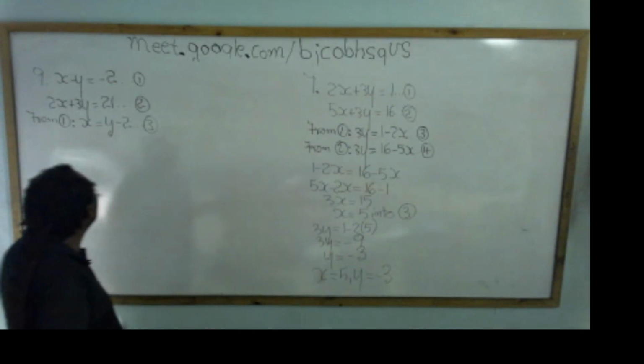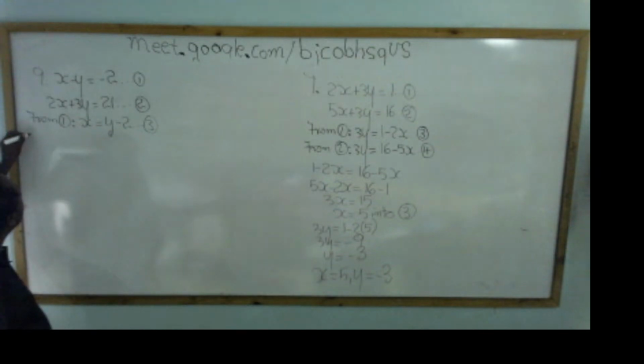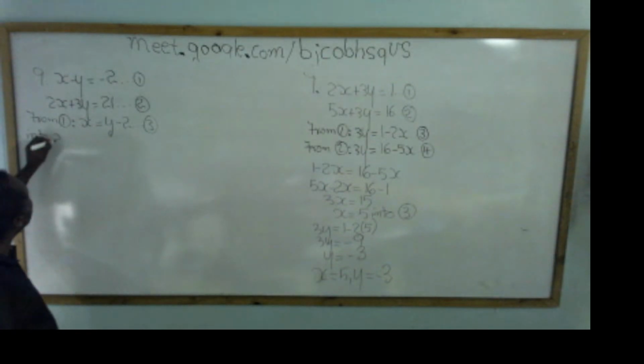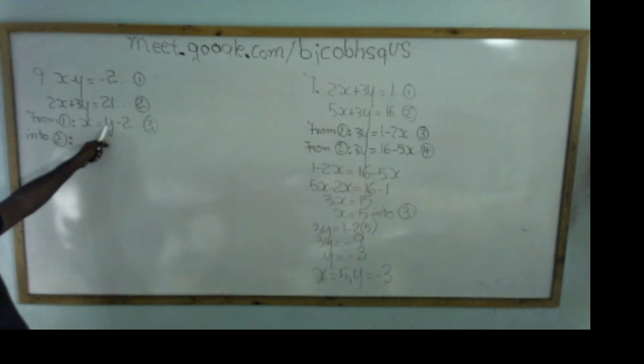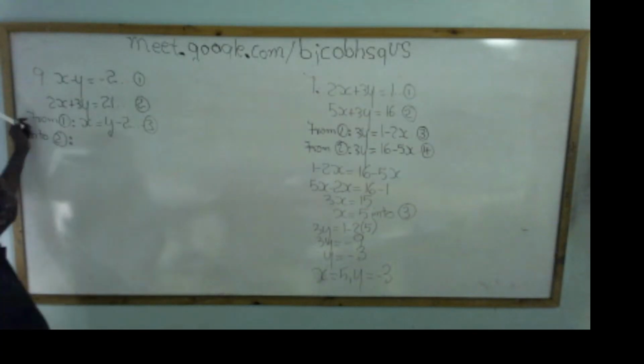So we're going to put that into equation 2. Take from equation 1, put that into equation 2. Where we see x, we put y minus 2.